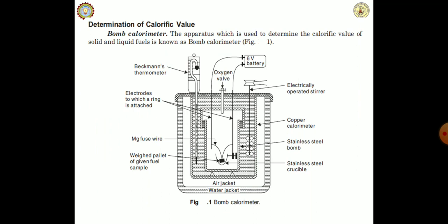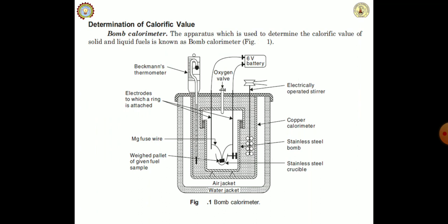The next topic is determination of calorific value by bomb calorimeter. The general principle of the bomb calorimeter for determining the calorific value of solid and liquid fuel is that a known amount of solid or liquid fuel is taken in a bomb calorimeter and completely burnt.